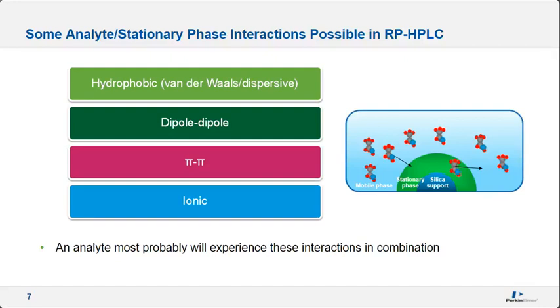However, we would like to utilize other interactions such as dipole-dipole, which can be seen in cyano type columns, pi-pi interactions, which can be seen in the pentafluorophenyl, as well as other aromatic stationary phases, as well as ionic interactions. Again, with most separations, there's no pure interaction, and usually analytes or target separated molecules will experience these interactions in combination.